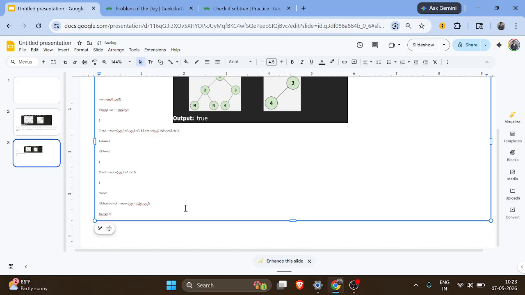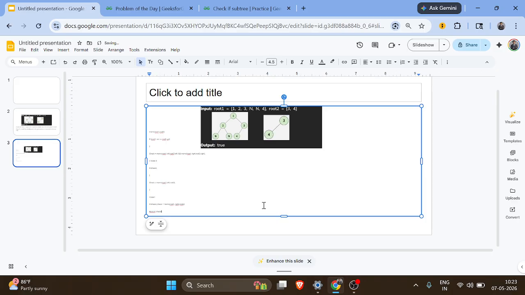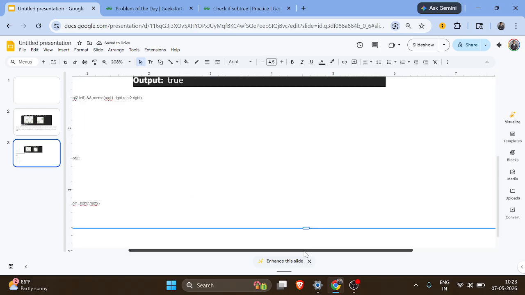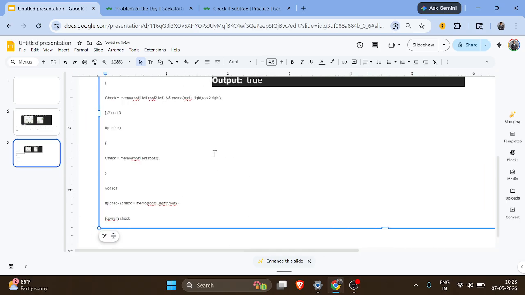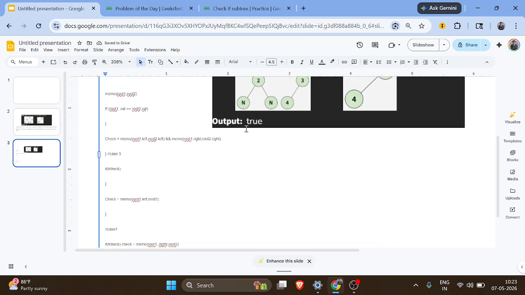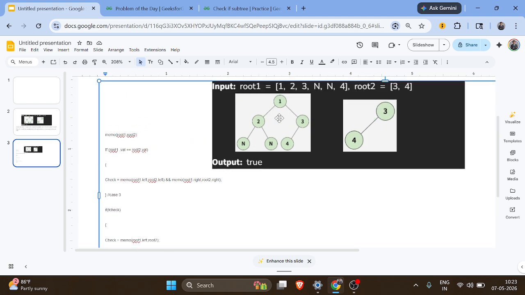If this check value is true, then root 2 is a subtree of root 1. If this check value is false, then root 2 can't be a subtree of root 1.